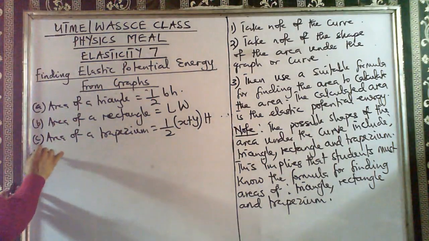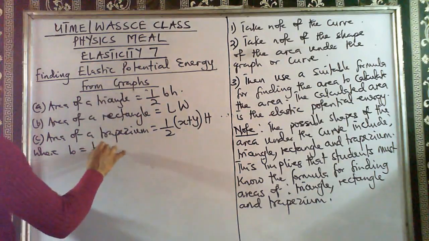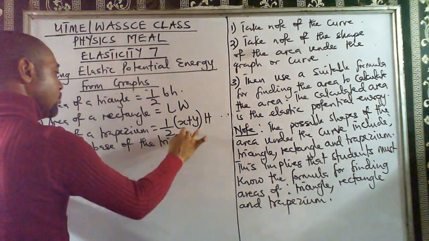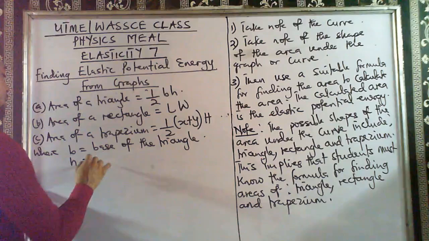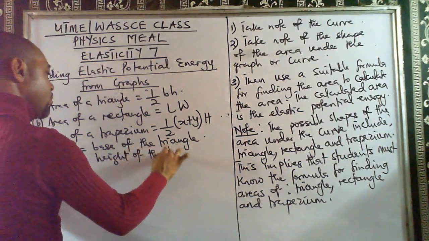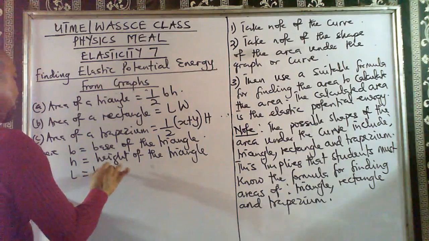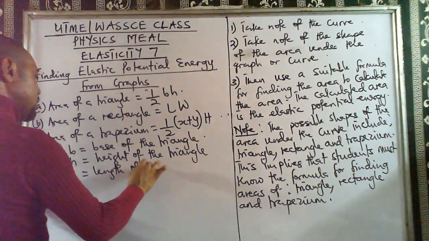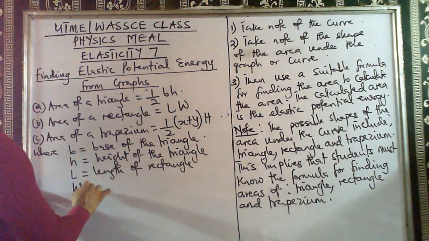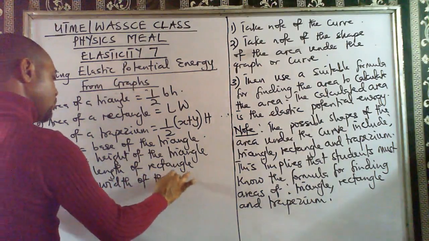Here, B represents the base of the triangle, H represents the height of the triangle, L represents the length of the rectangle, and W represents the width of the rectangle.